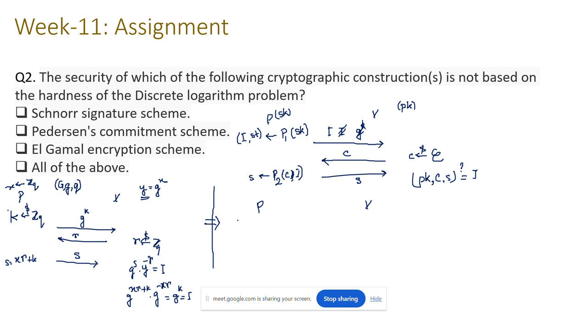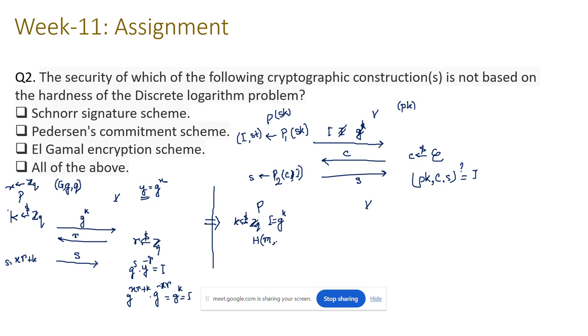In this case, the commitment I is computed in the same manner, so this is still g to the power k. But then there is a hash function, modeled as a random oracle. It takes some message m, which is the message for which the signature needs to be generated.